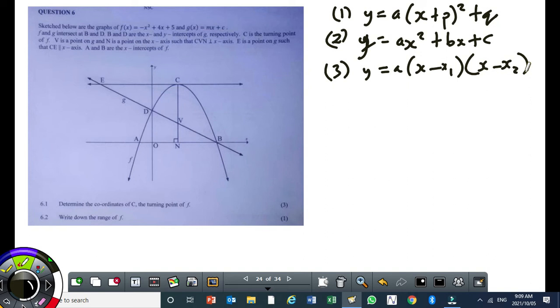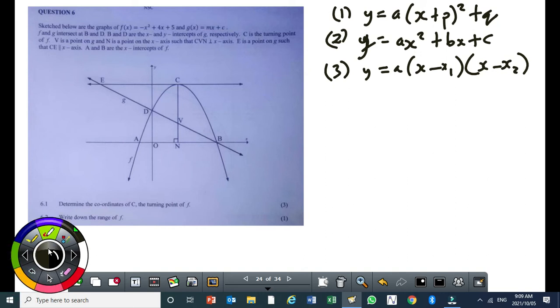So the first question says, determine the coordinates of C. C is this point, that's a turning point. Okay, C is a turning point. If you can get a question like that incorrect, I would wonder why, because there are many ways of doing it, including calculus.